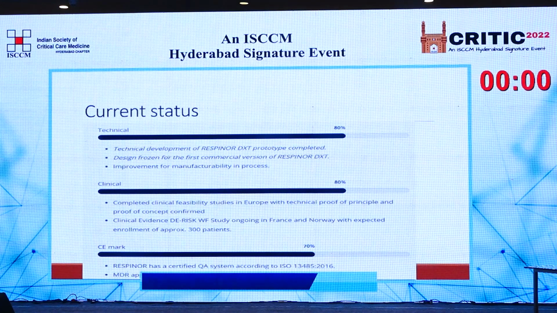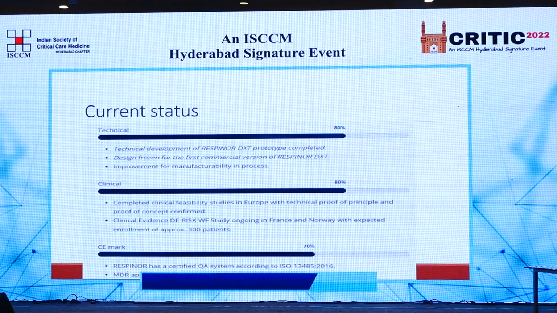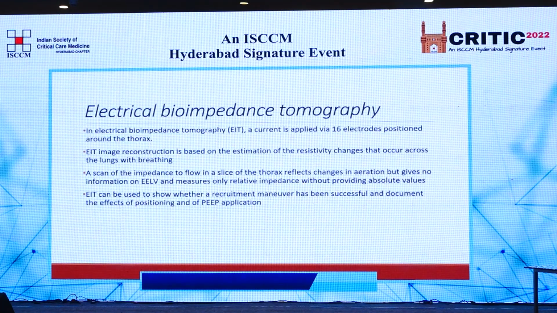The current status is that the technical development of the prototype has been completed and the design has been frozen. The clinical feasibility studies are already done in Europe. There are probably ongoing French studies, and the clinical evidence studies have already been concluded. So probably this will be a tool added to our armamentarium in monitoring diaphragmatic function.